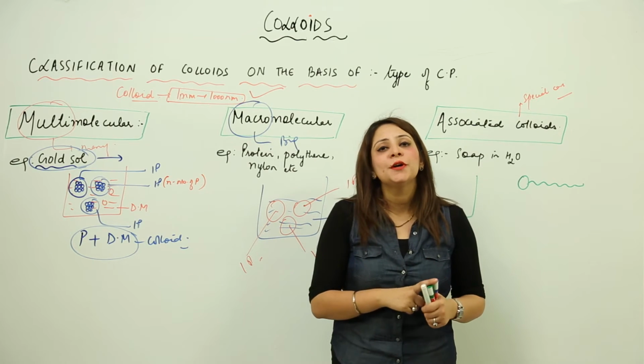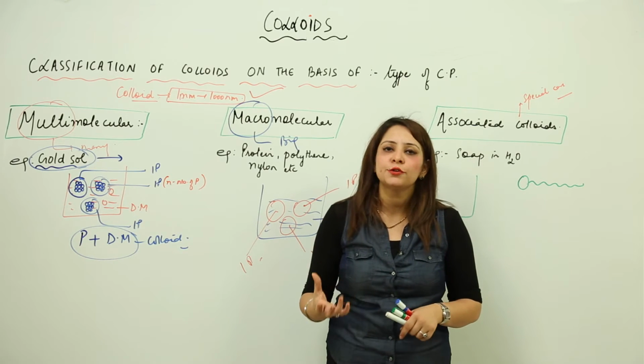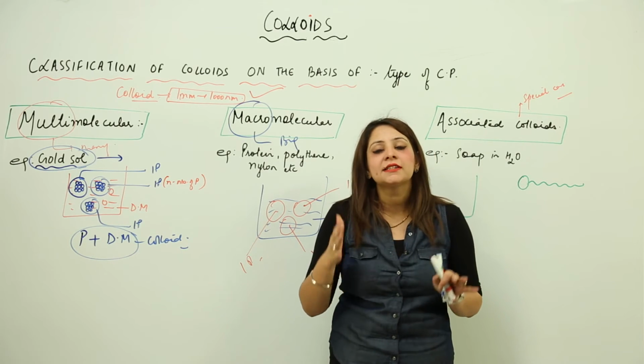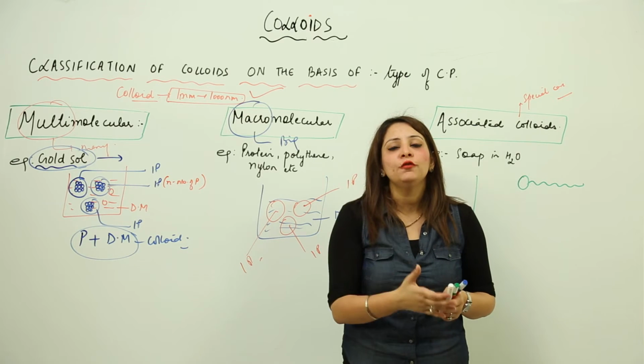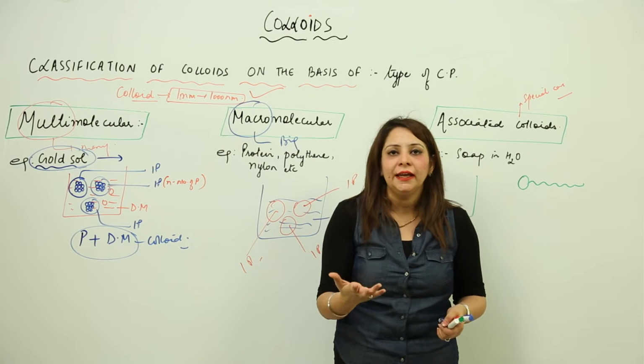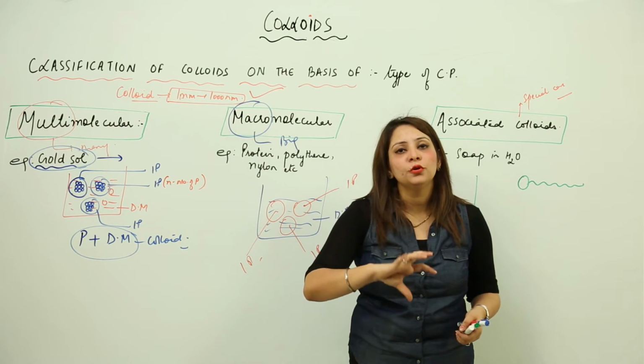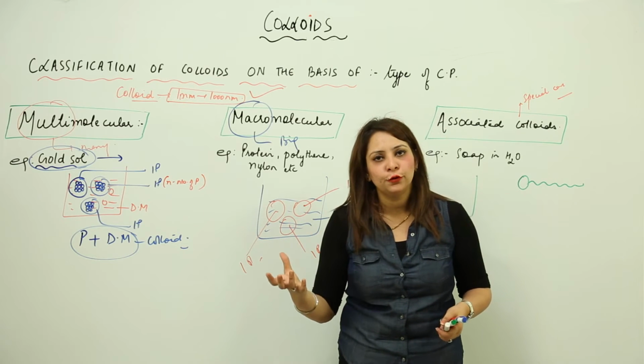But when the dispersion medium is water, you can transform these words into hydrophilic and hydrophobic. It doesn't make a difference, just the difference is that in lyophobic or lyophilic, the dispersion medium can be anything. But when we know that the dispersion medium is water, we can transform those terms into hydrophilic and hydrophobic. Right.